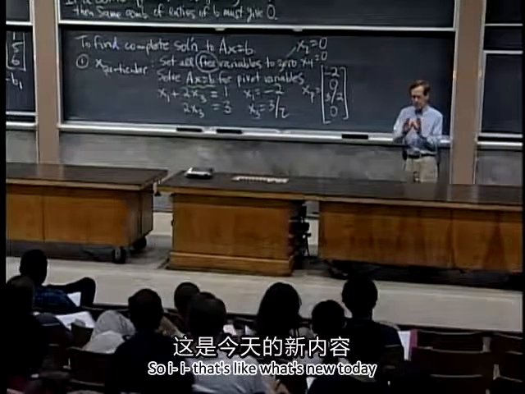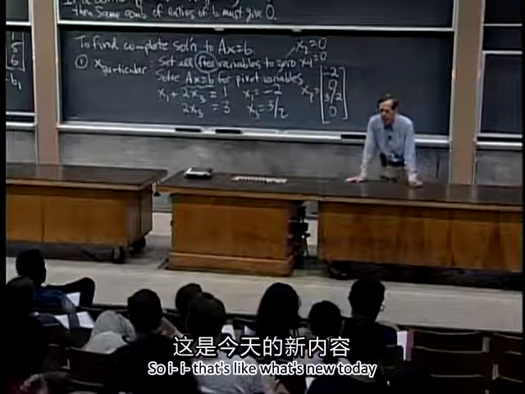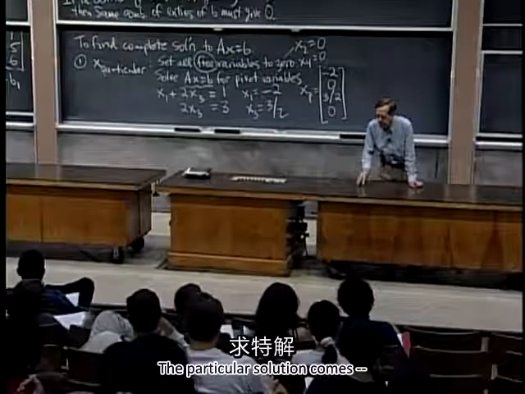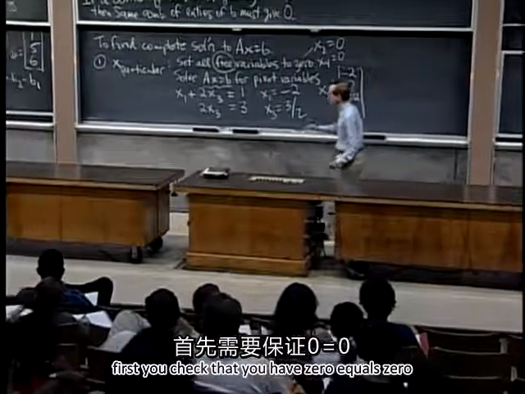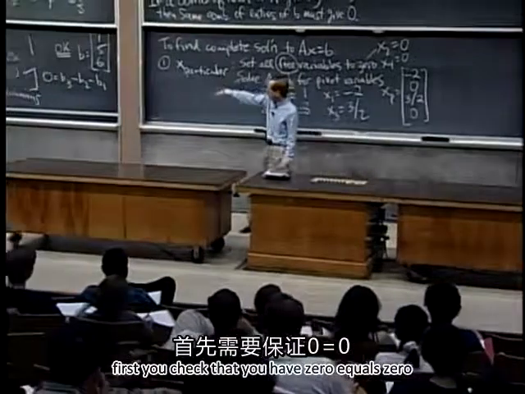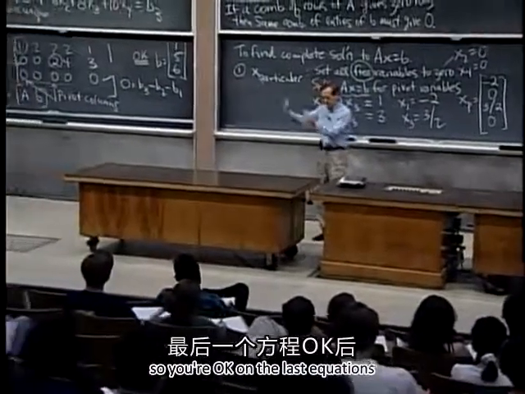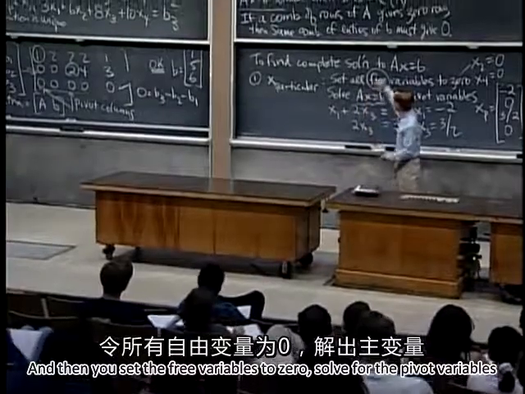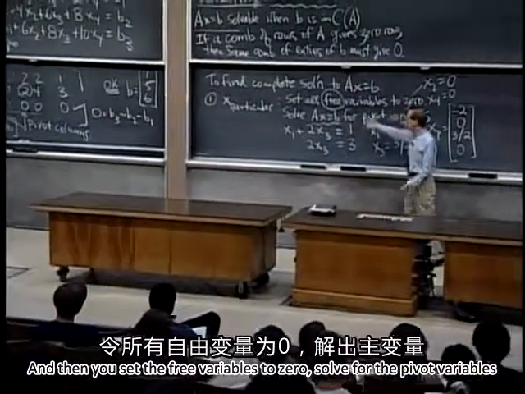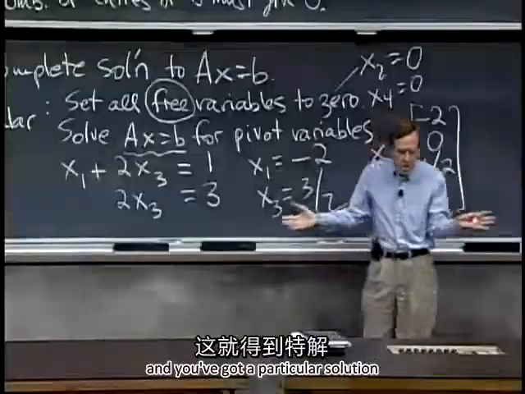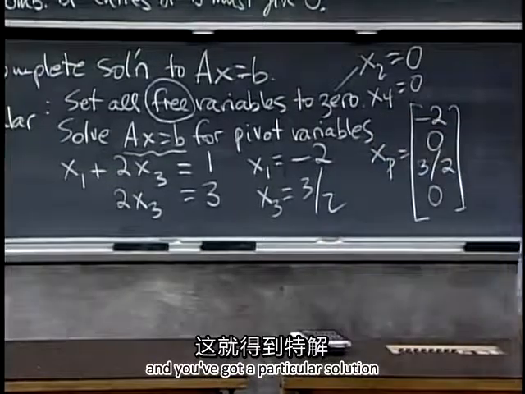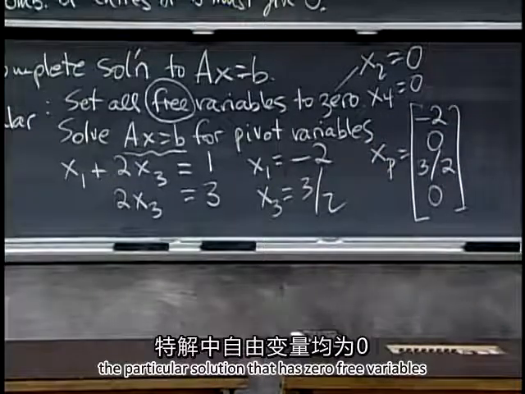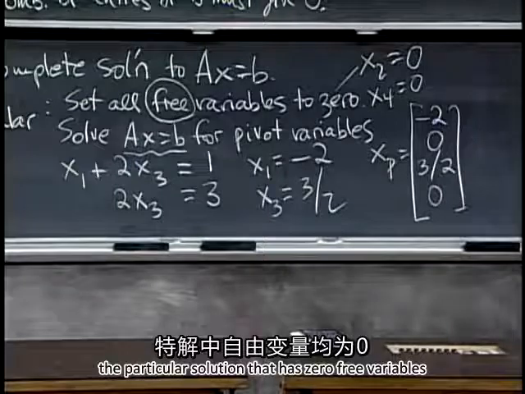That's what's new today. For the particular solution, first you check that you have 0 equals 0, so you're okay on the last equations. Then you set the free variables to 0, solve for the pivot variables, and you've got a particular solution. The particular solution that has 0 free variables.